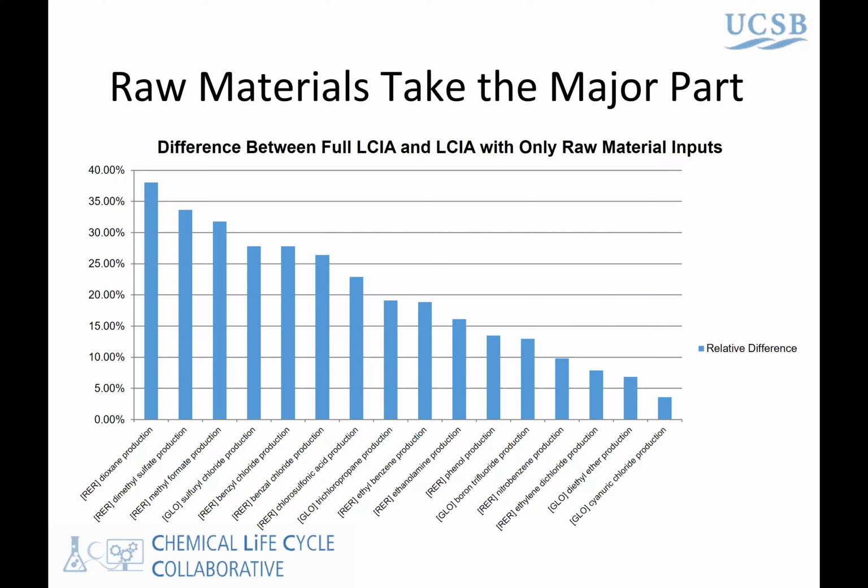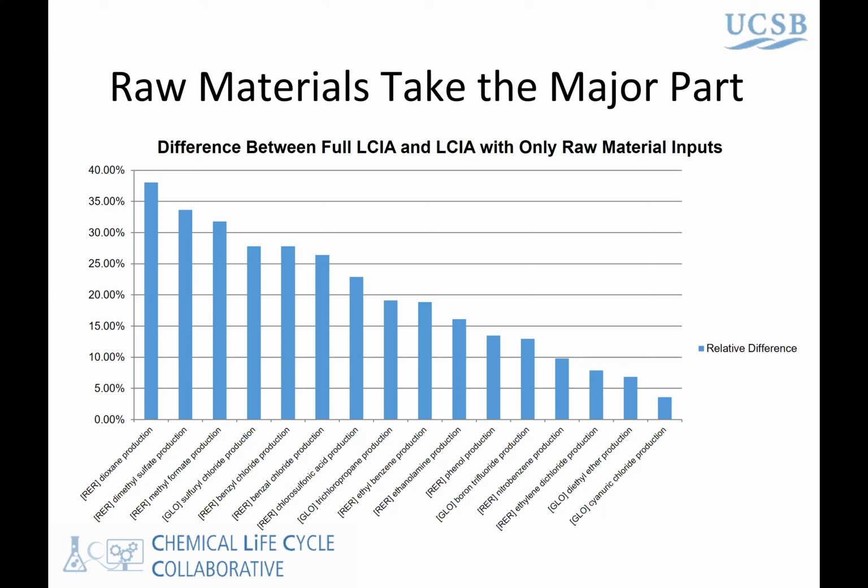You can imagine we do have some uncertainty in the CLiCC project, but we want to spend most of our effort on the very important flows that contribute the most to the uncertainty. If we can reduce the uncertainty of that flow, we can reduce the overall CLiCC uncertainty the most.